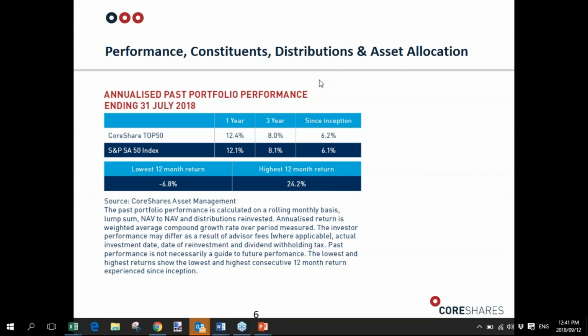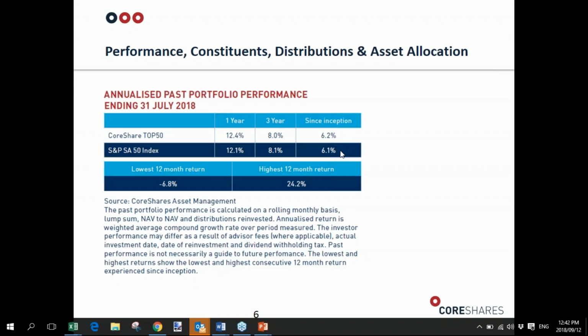The returns are of course important, and what you'll see here is the actual ETF versus the index. So this is where that standard deviation number is telling you something. As I said, it doesn't necessarily mean you're going to underperform the index, but you should be performing just about in line with the index. Since inception, which is over 3 years, this index has returned 6.1%.